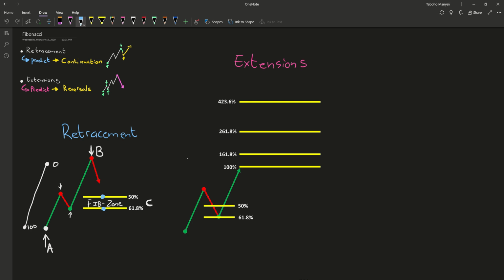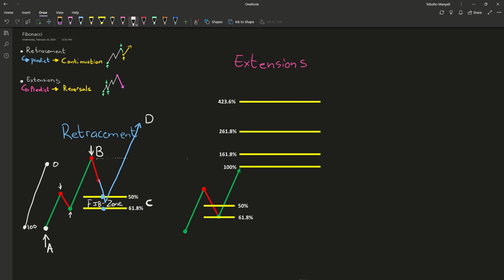So what we predict is that the market will then move from here, get to the 50 or 61 area, and then start pushing back up and continuing the trend. By understanding this, we actually found point C, and then the market will then move all the way past point B, so we break the resistance to go and create point D.